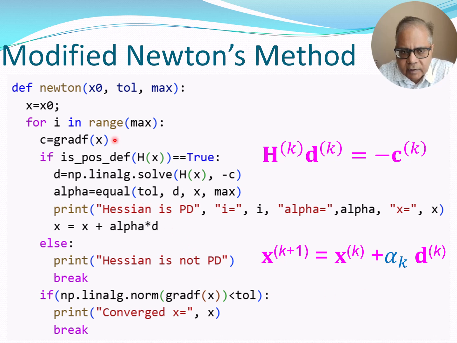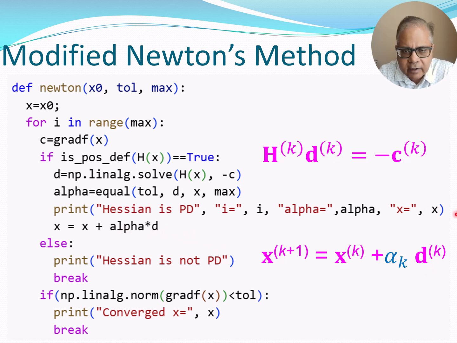Now here there is a slight modification in the Newton function. So this is the modified Newton function. So the key modification is that I now have alpha and I call this particular function here equal to get this value of alpha. So what's happening is that equal takes in tolerance, the small number, d, x at the current point, max, which is the large number for the for loop, and then it returns to me an estimate of the appropriate value of alpha given the corresponding d and x.